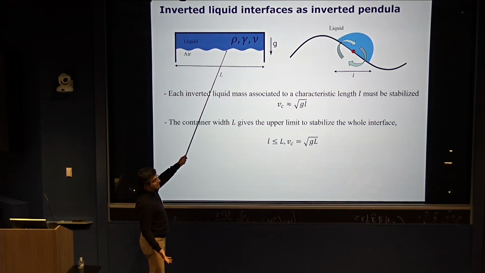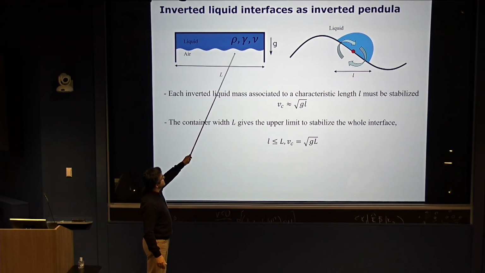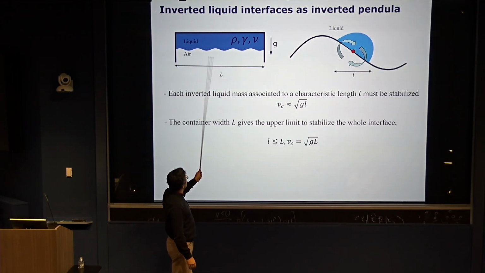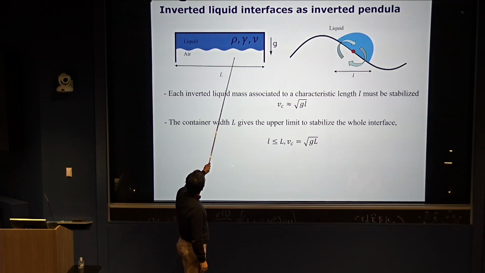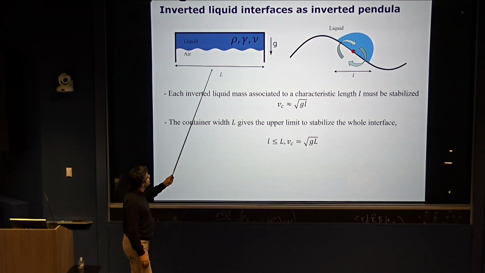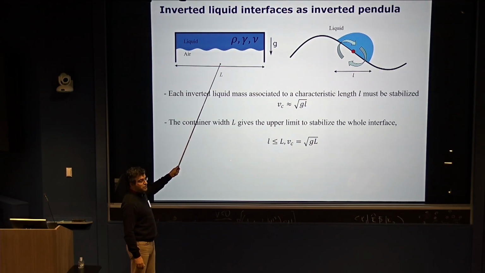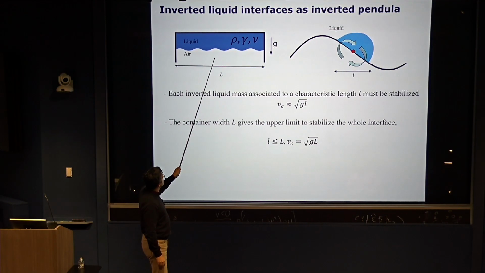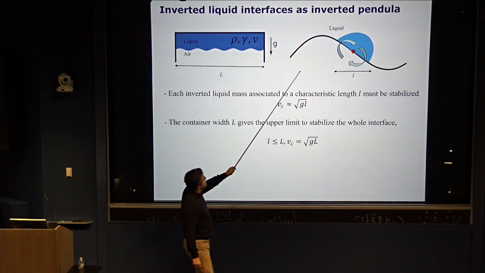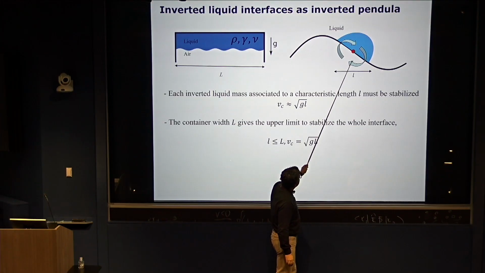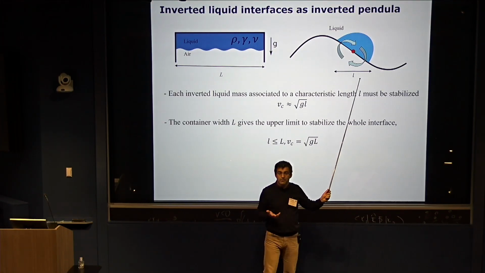So the liquid is characterized by its density, its surface tension, which we don't really care about, and the frequency we are looking at. And what you must do here is prevent any little perturbation from increasing. So if you look at this from a local point of view, if I close up on this, what I find is an inverted pendulum.